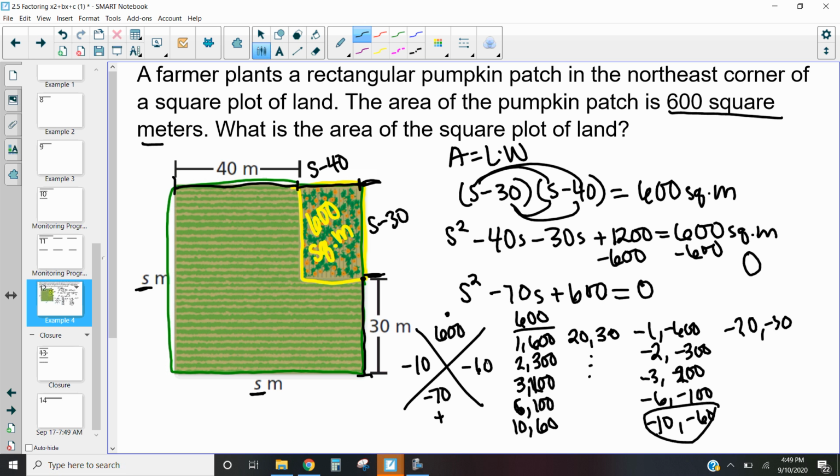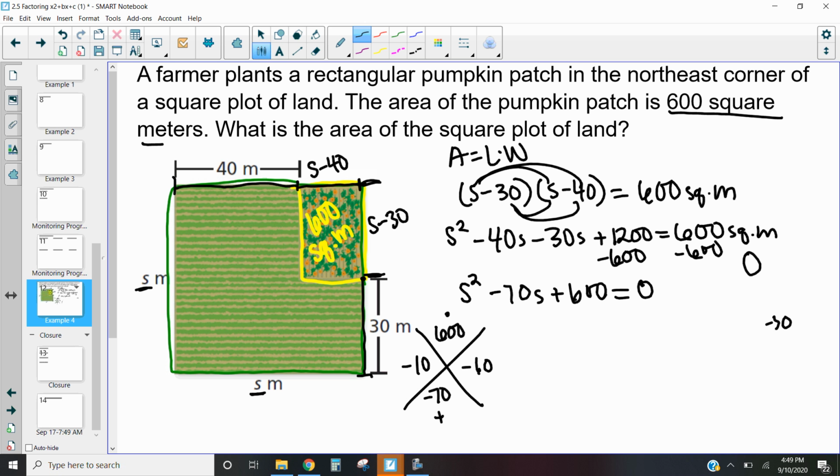Now I want to write this out in that factored form because I know how to solve polynomial equations when they're in factored form. And so as I do that, I get S minus 10 times S minus 60 equals 0.